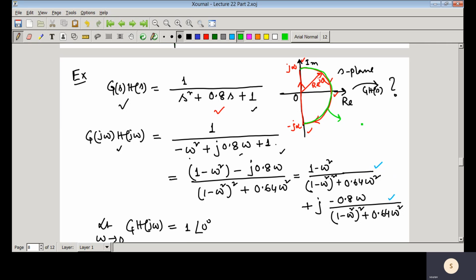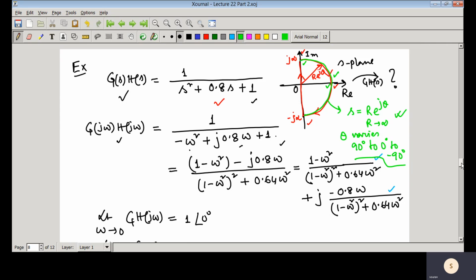This particular part means, from here to here, s would be equal to r e to the power j theta, where r is tending to infinity and theta varies from plus 90 degree to 0 degree, that means this point, to minus 90. So to get the map of this particular part of that Nyquist contour, we need to follow this method.